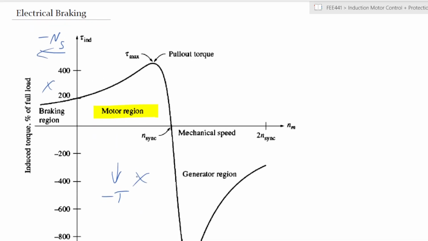These are two of the methods that we use when we deal with electrical braking. If you want to slow down the machine, say your machine is operating at that point, and you want to slow it down to a speed of zero, how do you get it to reduce its speed in a safe manner?